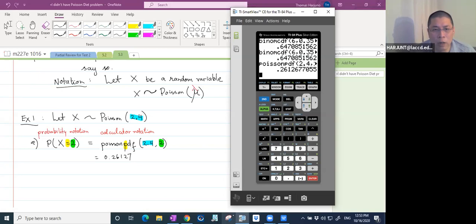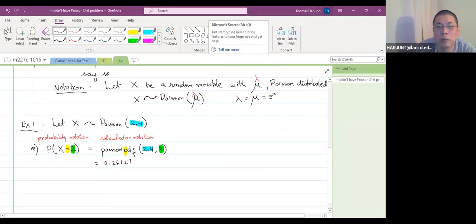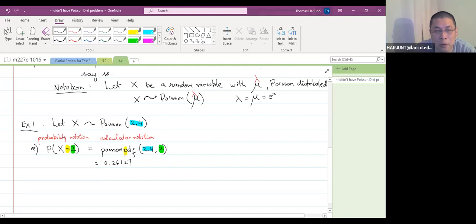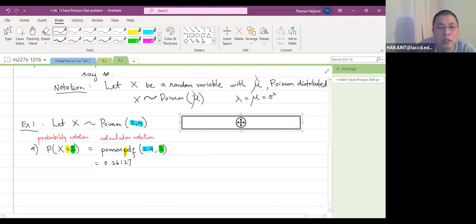And actually the rest is the same with binomial distribution. The only difference between the calculator work, or maybe to be more precise, the possible outcomes of this random variable. If X is Poisson distributed, then the possible outcomes actually start from 0 but go to infinity.